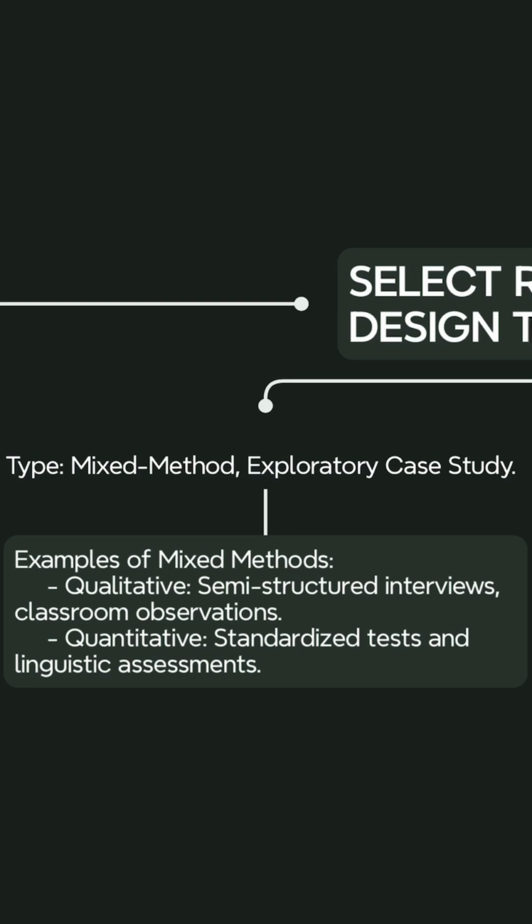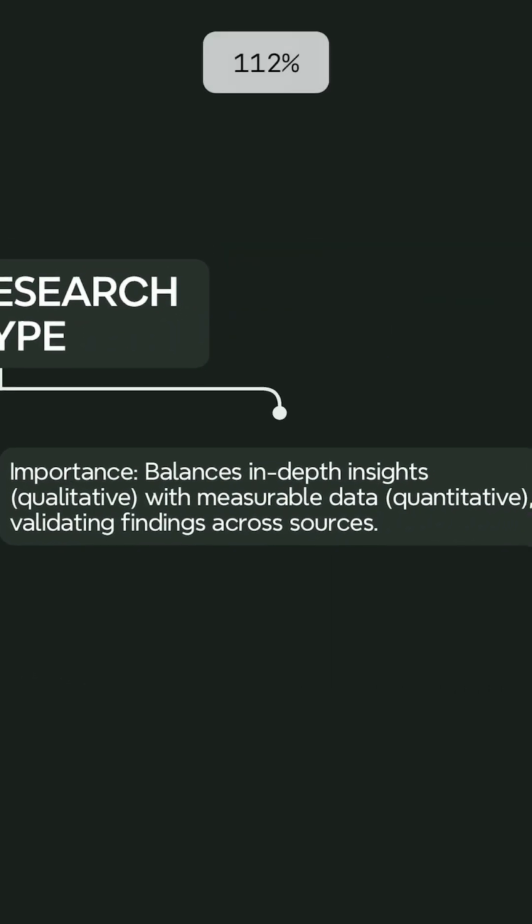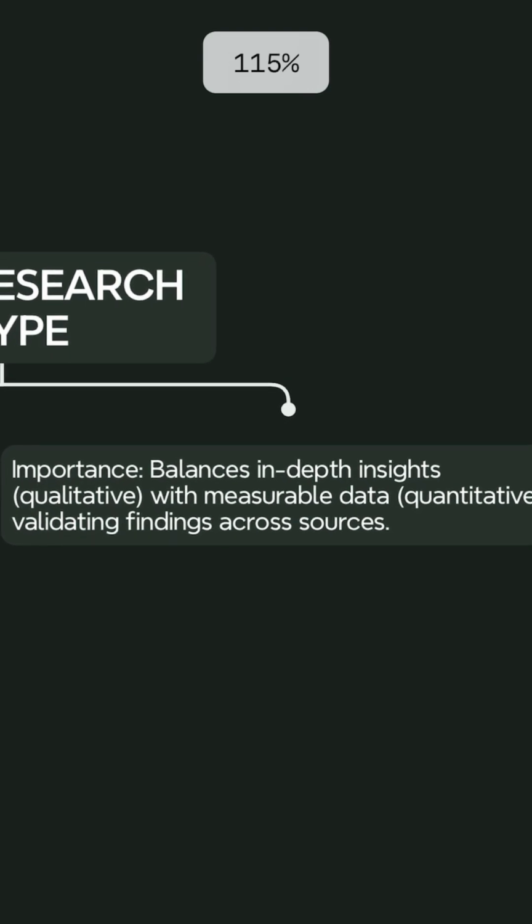Again, it was an exploratory case study. Look, we used a mixed method approach just to balance those in-depth insights. When we say in-depth insights, this is qualitative data, okay? With measurable data, which is the quantitative one.